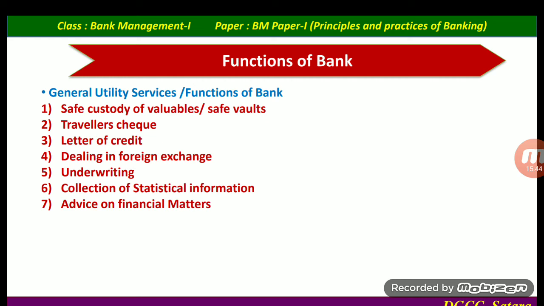Then letter of credit. Modern bank plays an important role in promoting internal and external trade. So letter of credit represents an assurance by the bank to allow the exporter or seller to know about the financial position or credit of the importer or buyer.